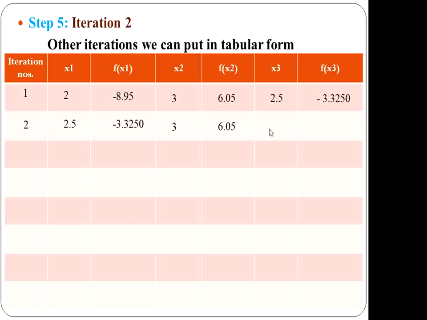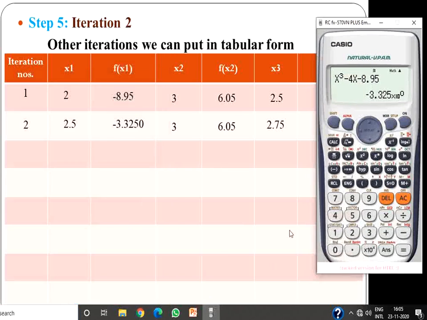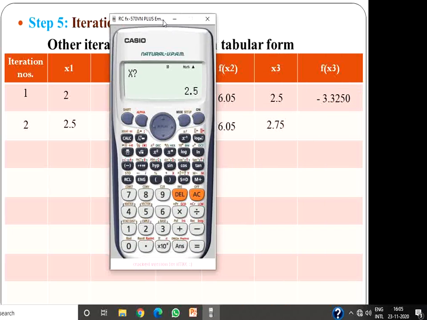Then for calculating x3, again we can make use of the bisection formula, that is 2.5 plus 3 divided by 2, so we will get 2.75. So for this 2.75, what is the function value? At that time again we can make use of the calculator.